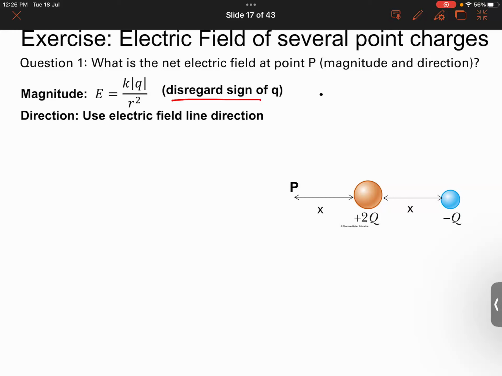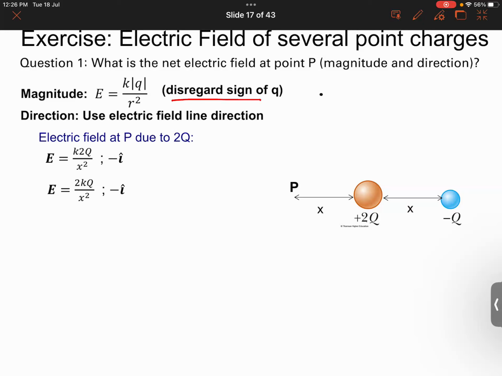So you use the sign of the charge to find the direction, but you use the equation to find the magnitude. You have two charges, therefore you calculate the electric field generated by each charge one by one.